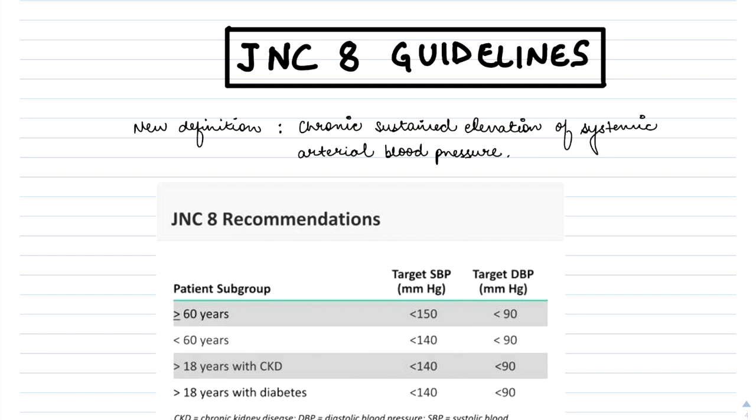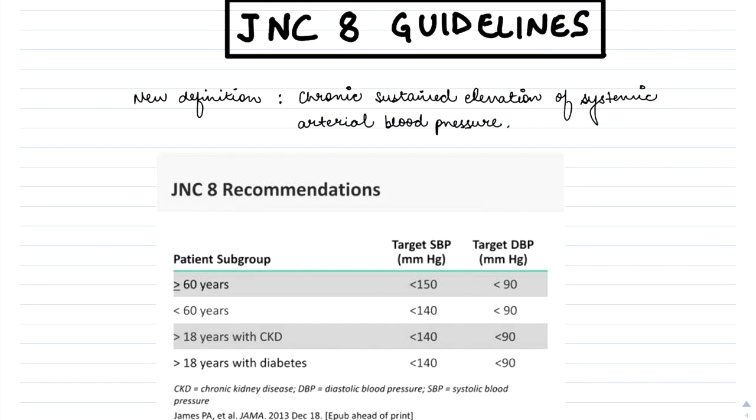The eighth report of the Joint National Committee for Prevention, Detection, Evaluation, and Treatment of High Blood Pressure has defined hypertension as the chronic sustained elevation of systemic arterial blood pressure.